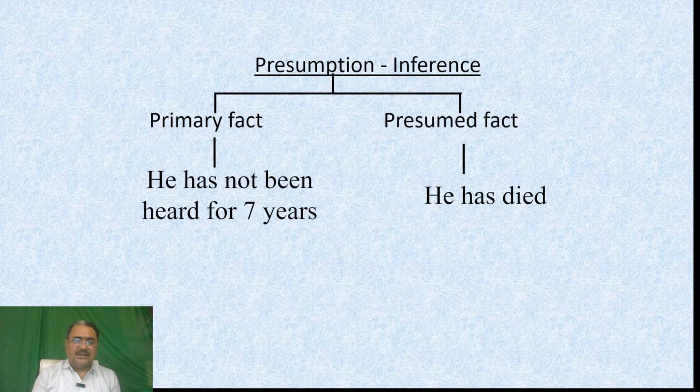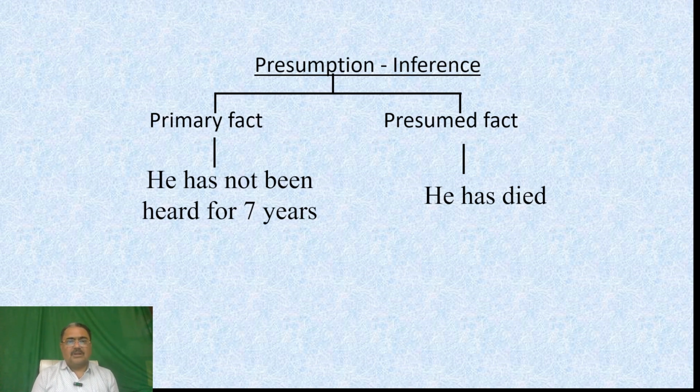Had the person been alive, he would have been heard of by his spouse, parents, children, but the person has not been heard of for the last 7 years. What can we presume? We may presume he is dead. Law permits these kinds of presumptions.